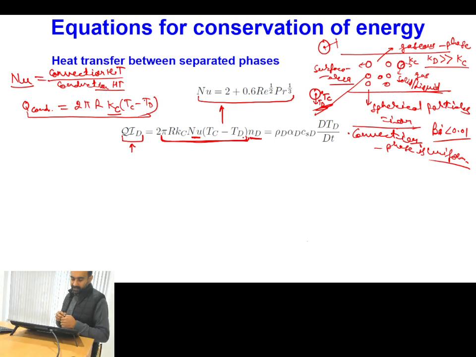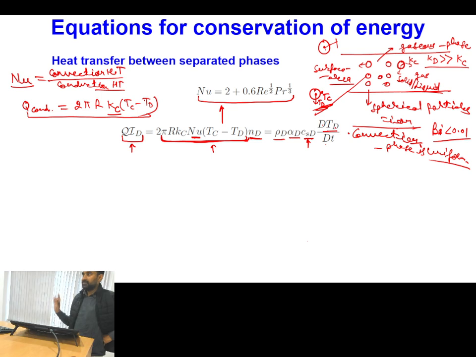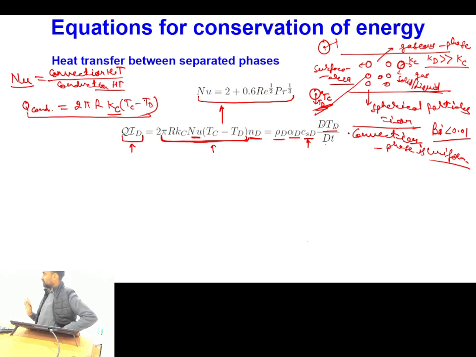So the rate at which heat is added to the particle from the surrounding continuous phase will be equal to the rate of change of energy of the system, and that is rho d alpha d into CSD, where CS is the specific heat of the dispersed phase particle, and the rate of change of temperature of the dispersed phase particle. Is this one clear? All are clear with this idea?